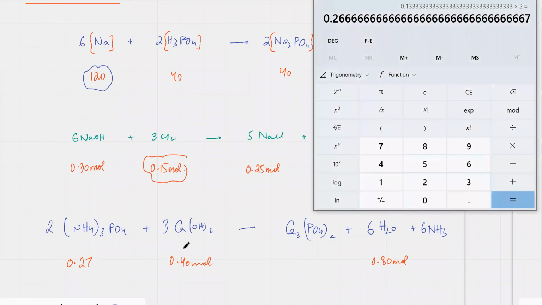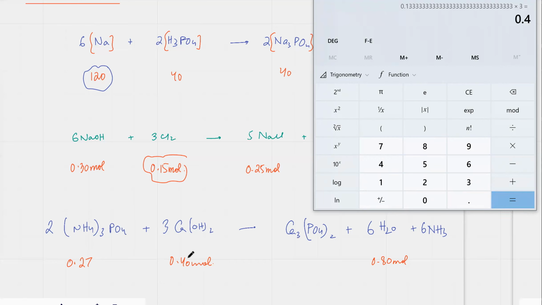So if I were to find the moles of this substance using this value, remember when I wrote this down, I rounded it off to 2 significant figures. But on my calculator, I'm going to keep it as accurate as possible. So it would be 0.27 divided by 2 and multiplied by 3.